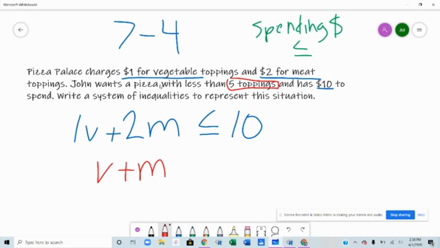Together, it says he wants a pizza with less than 5 toppings. So all of his vegetable and his meat toppings should be less than 5. And that's all you have to do, just set them up. No solving, no graphing. Make sure your inequality symbol matches with your number. Okay, so pay attention to what it says about that inequality.